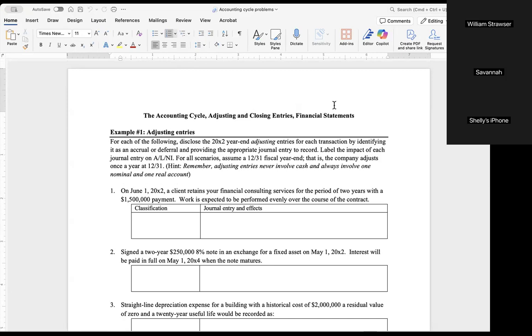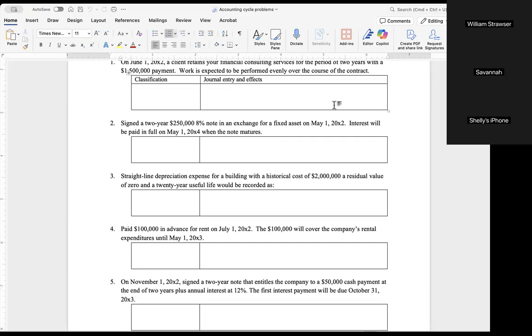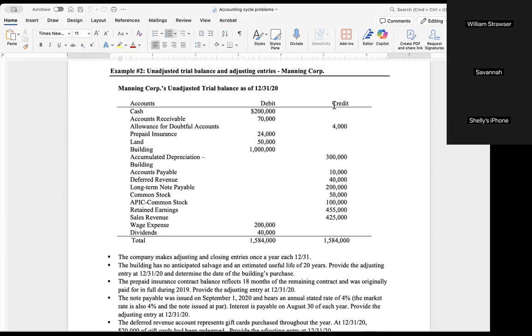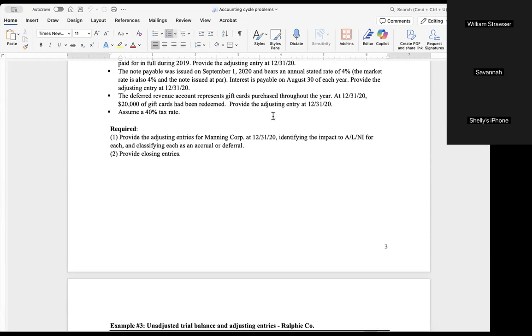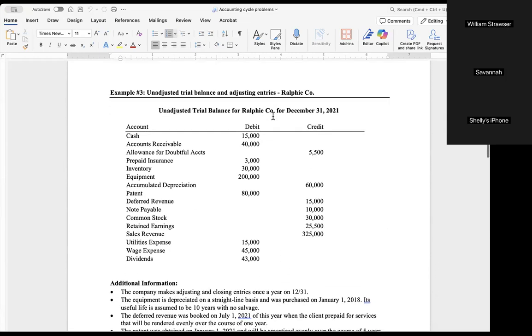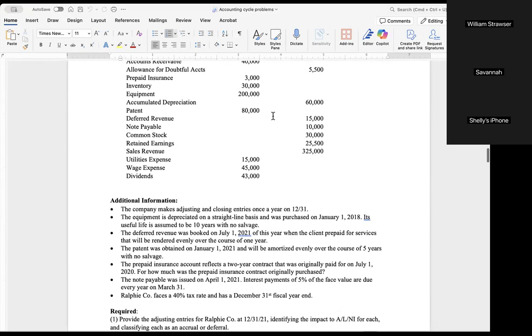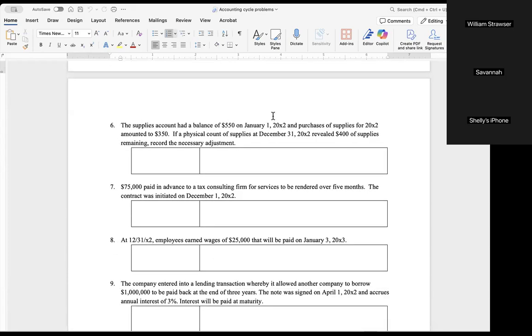I'm going to work a couple of these, and then I might work a couple from a different style of problem, something like example two, and describe my process as I'm going through that. Just looking at them and seeing which one. Yeah, that's what we'll do.